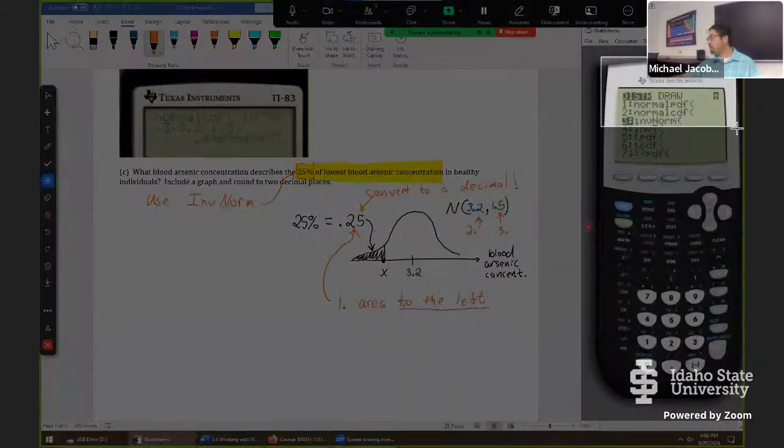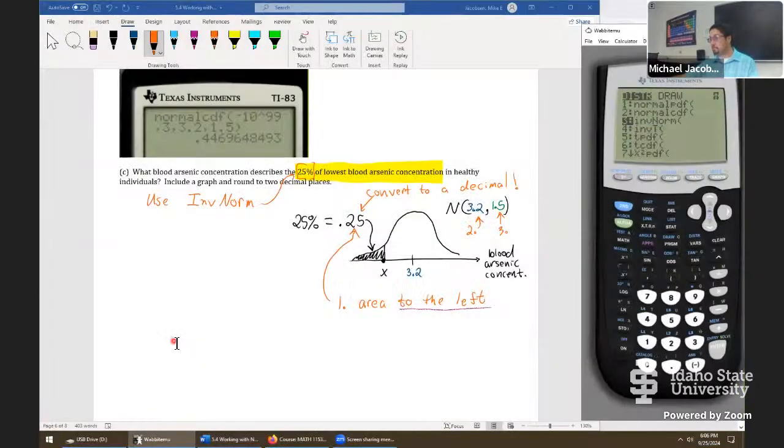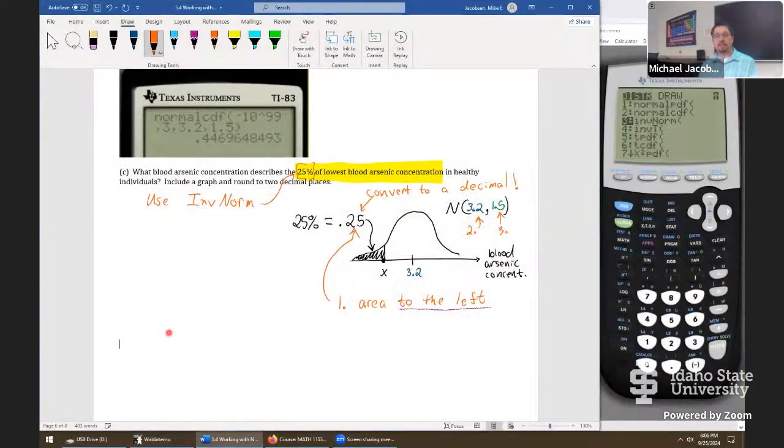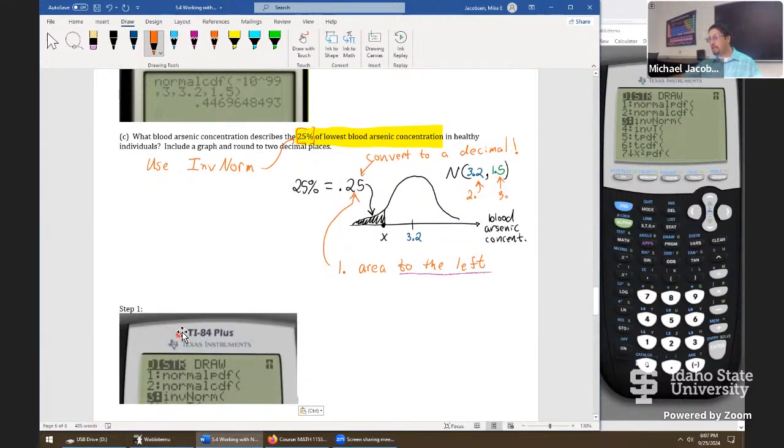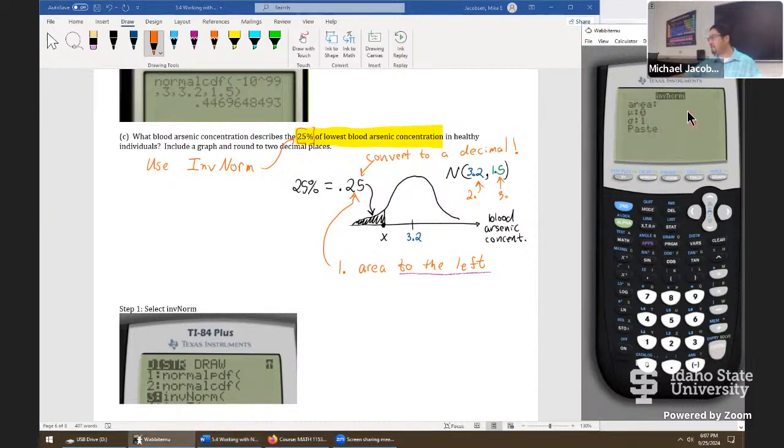Let's say for step 1, we're selecting this function. That's skipping a prior step 1, but we know we always hit second vars to get to this stage. So step 1 for this problem will be select this option. Select inverse norm. Once that's selected, hit enter on that.